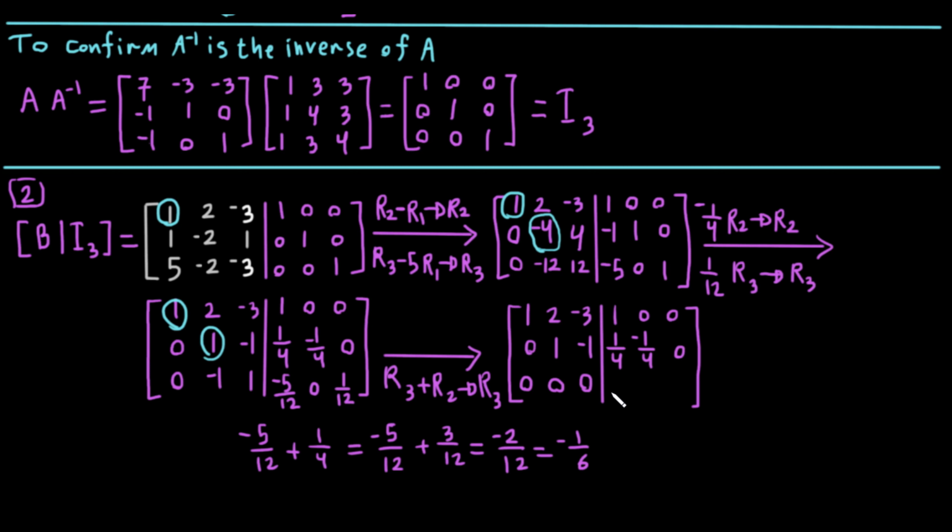So here it will be negative 1 over 6. Negative 1 over 6. 0 plus negative 1 over 4 will be negative 1 over 4. 1 over 12 plus 0 will be 1 over 12.